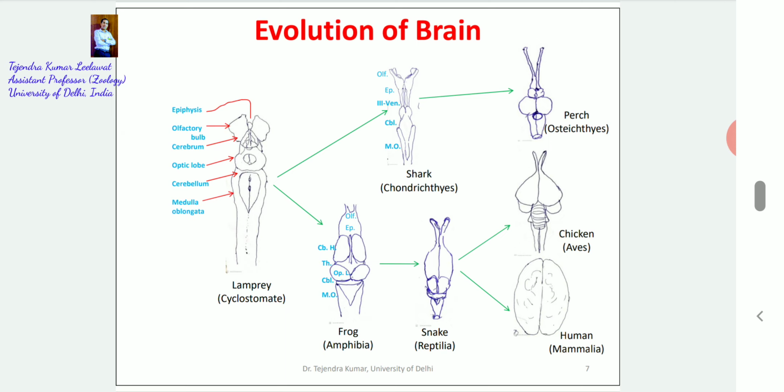Here the cerebral region is distinguished from the olfactory region and is separated, whereas in the lamprey or cyclostome it was not clear like that. But in the bird it is clearly visible. After both of these, you will find a small single circle-like structure in the birds, that is the cerebellum. After this cerebellum there is the medulla oblongata and spinal cord.